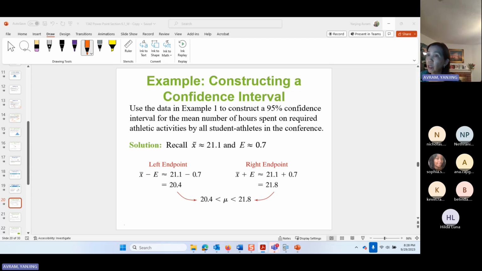And then we usually put this whole thing into parentheses: 20.4, comma, 21.8. So the smaller number is on the left side, and the larger number on the right side. And that is the confidence interval. Okay, that's the whole thing. That's the confidence interval.